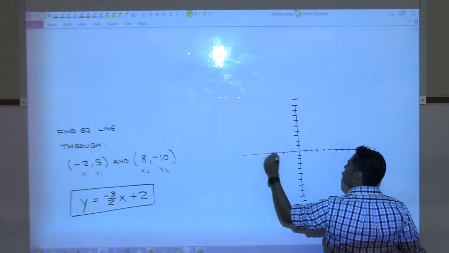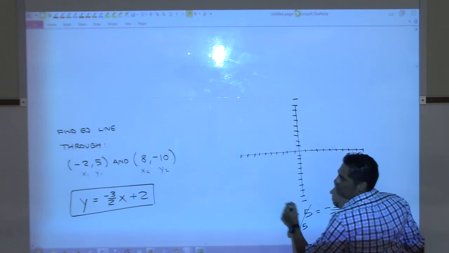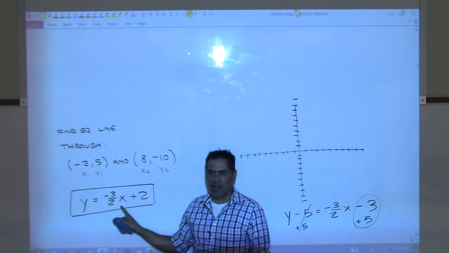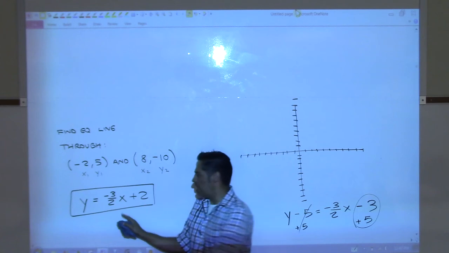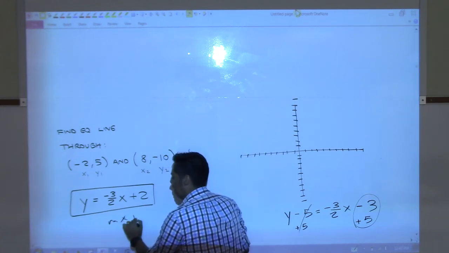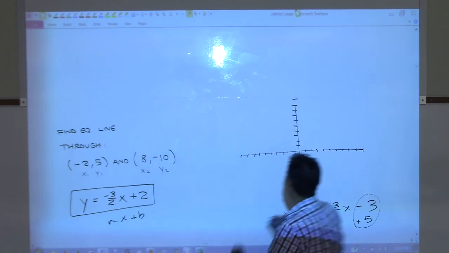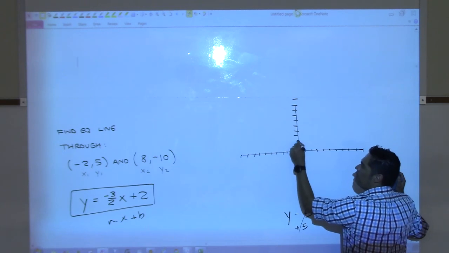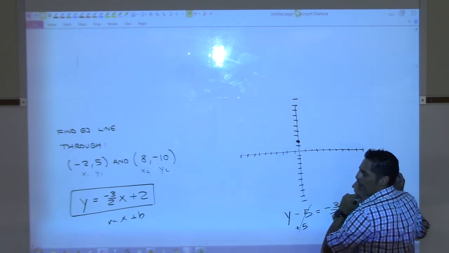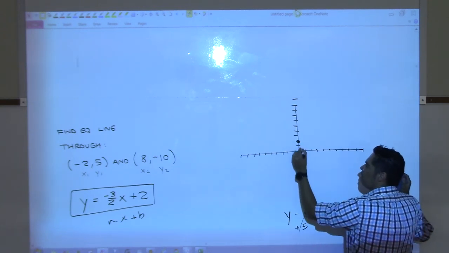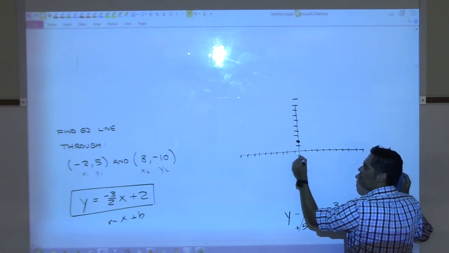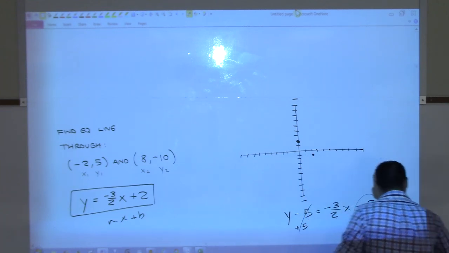Okay, so if I were asked to graph this line right now, this looks like y equals mx plus b, right? So I'd start out at 2, and then from that point I would go where? Down 3, 1, 2, 3, and to the right 2, and I would draw a line through here.